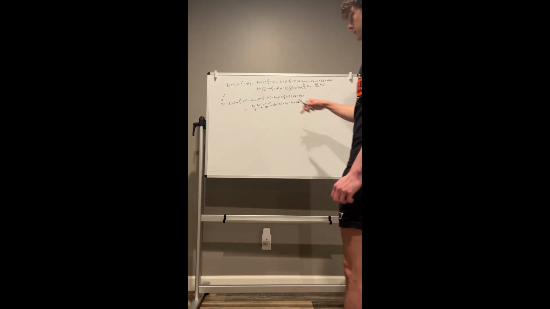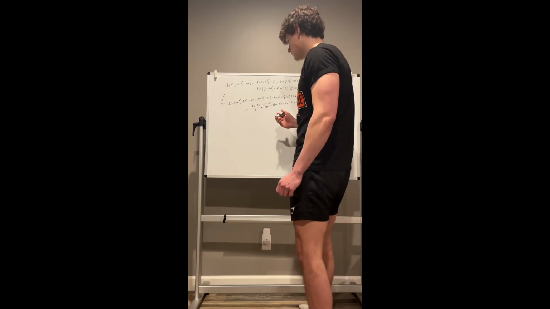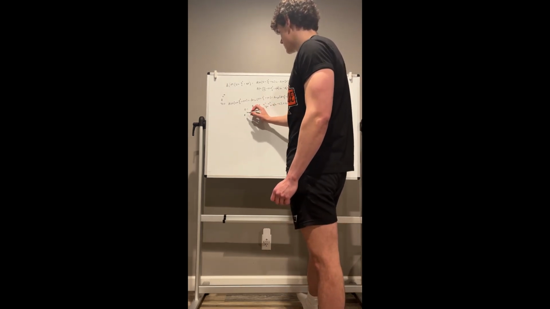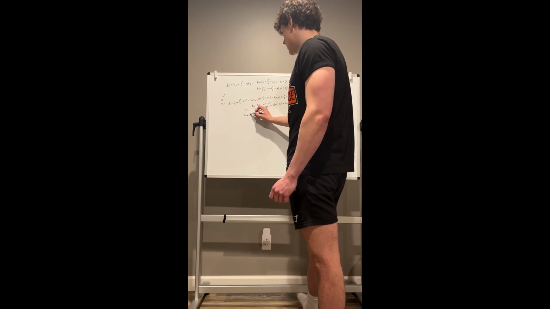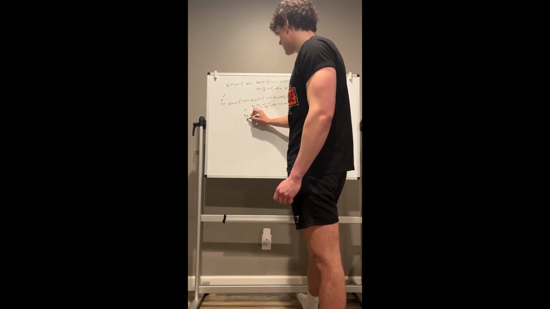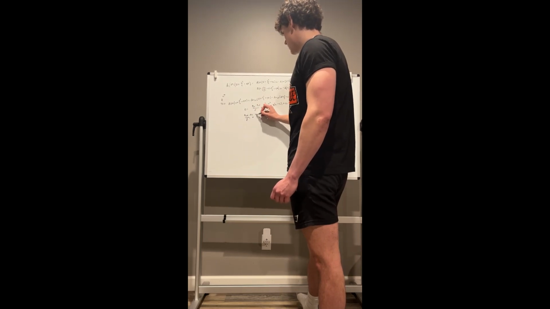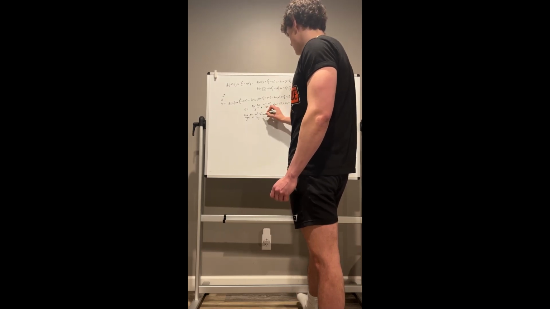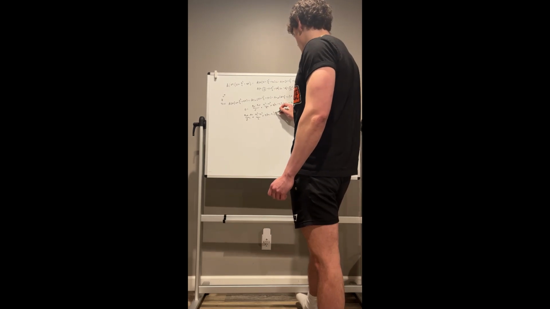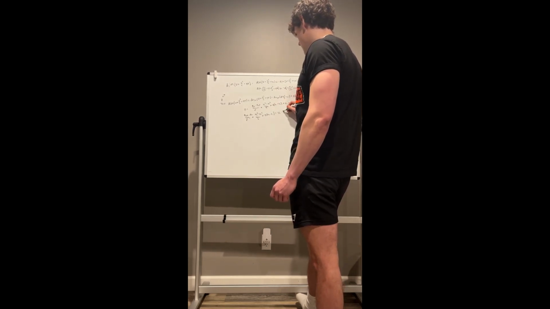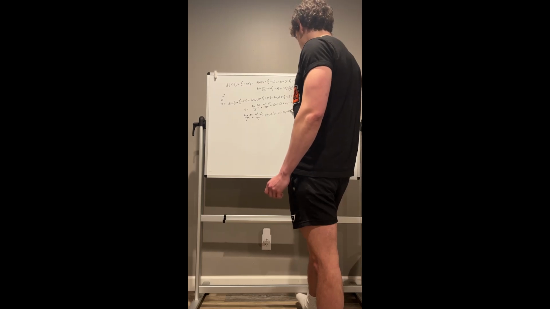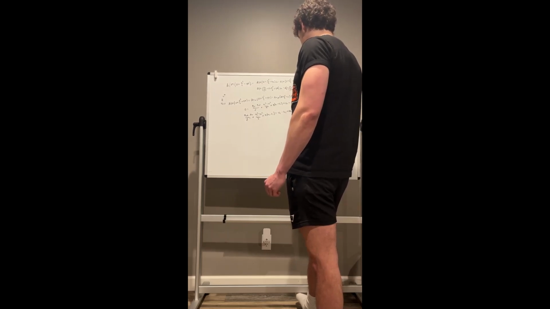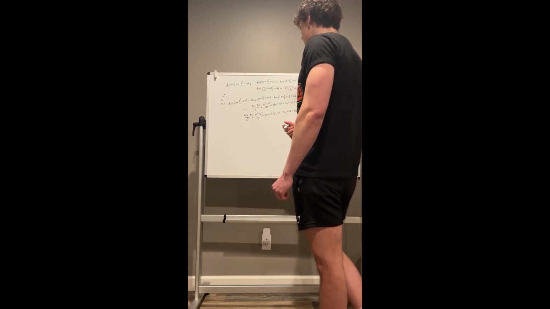And if we throw all these onto the other side, we will get our P out minus P in over the density plus V2 squared minus V1 squared over 2 plus G times Z2 minus Z1, equals U1 minus U2 plus dQ plus our work that's non-flow.